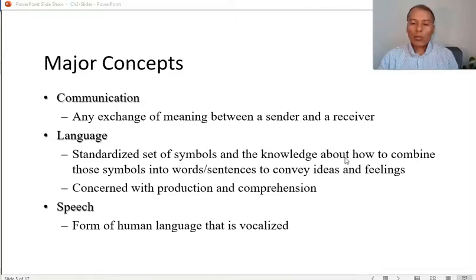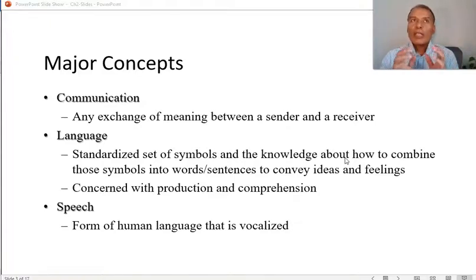Language is the system made up of words and grammar and so on that we use as human beings to convey our messages, to communicate with members of our species. So language includes words and meaning and sentences, grammar, and so on. But then we have speech.